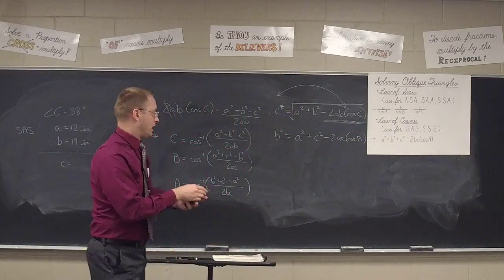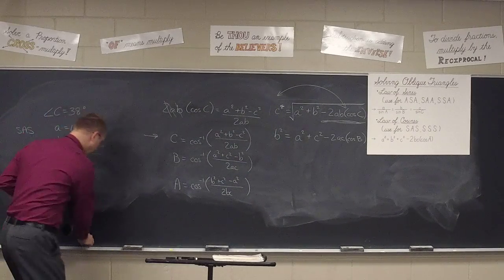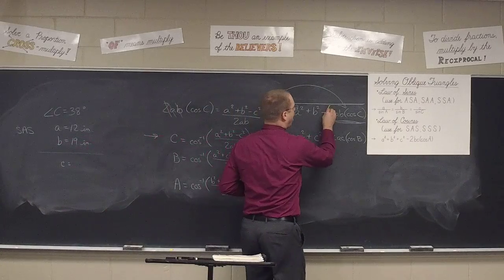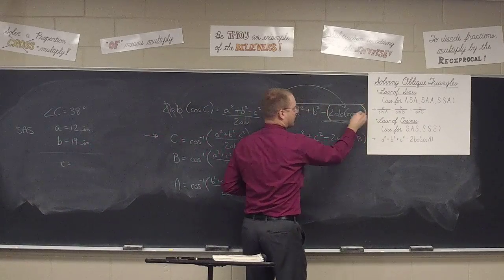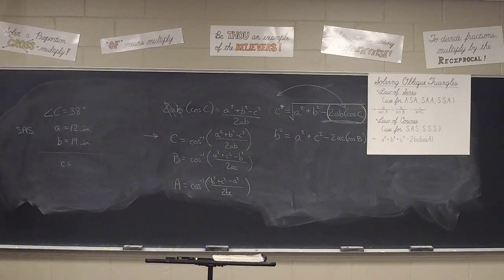So on your calculator, let's start with a squared plus b squared minus, and then hold off. You're going to want to put all of this in parentheses. So you see your parenthesis key above the 8.